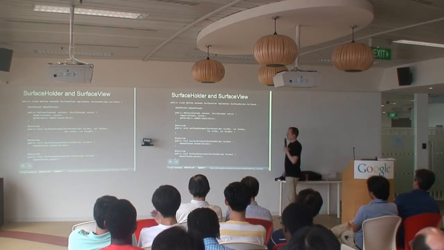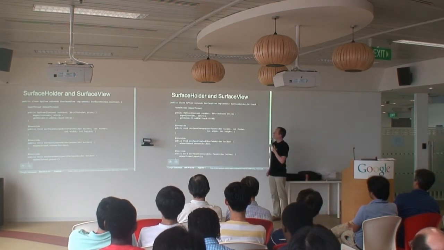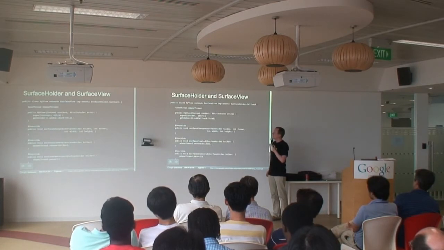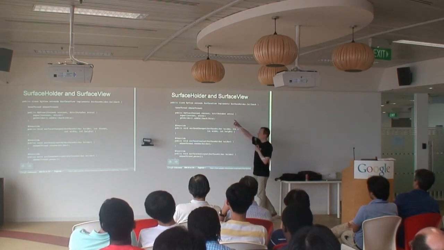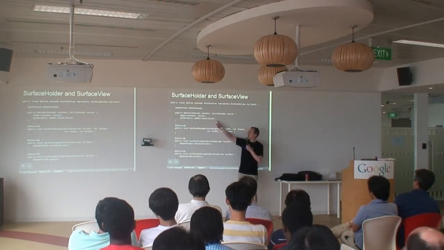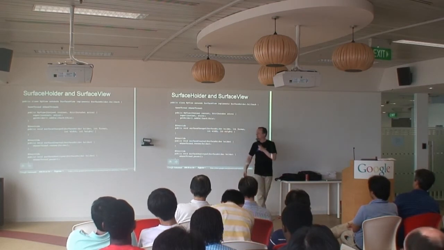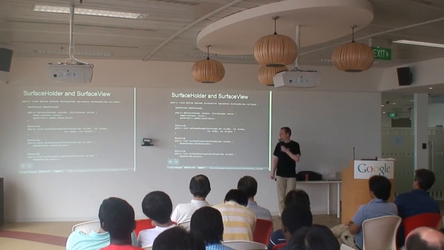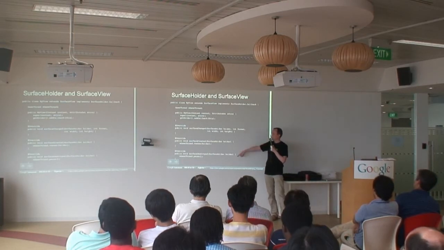So to start with, in the constructor of the class, we just get the holder and add this object as a callback. That will make sure that these three methods of the interface get called automatically.